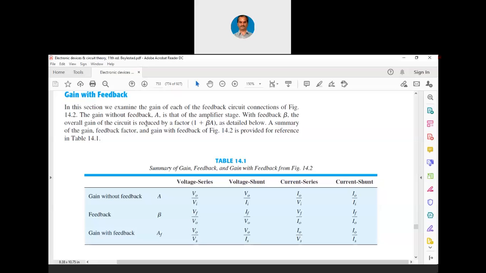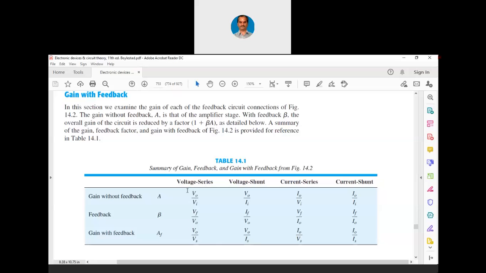So the overall gain is reduced by a factor of 1 plus beta A because this 1 plus beta A came in the denominator. That is how we saw the equation AF equals A by 1 plus A beta. Now a summary of the gain, feedback factor and gain with feedback is provided for reference in table 14.1. That is the table shown here.